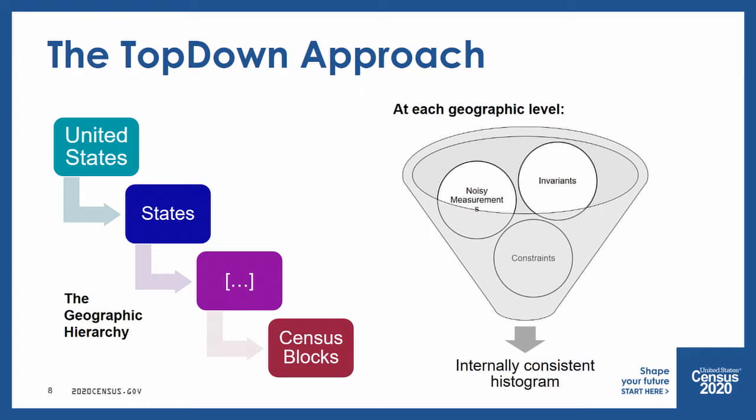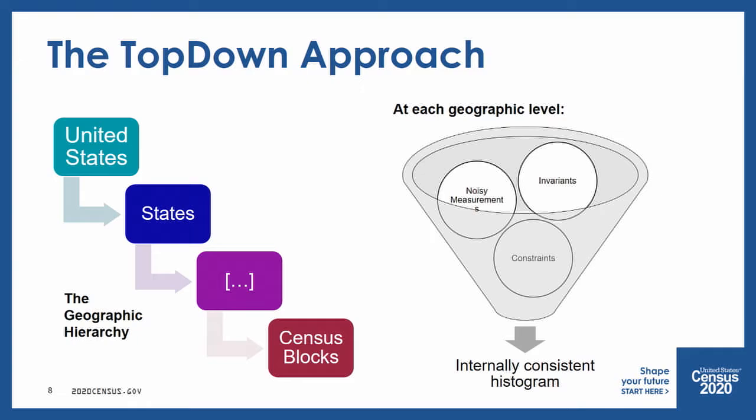Then we move down the geographic hierarchy, and I'll talk more about it in a second. We move from the US level down to the state level, and we take the noisy measurements that were taken for the states, and then we find the histogram at the state level that most closely matches those state level noisy measurements, while also being consistent with the overall histogram that was determined for the US above it. Essentially, you can think about the ball in the hopper here that reflects constraints.